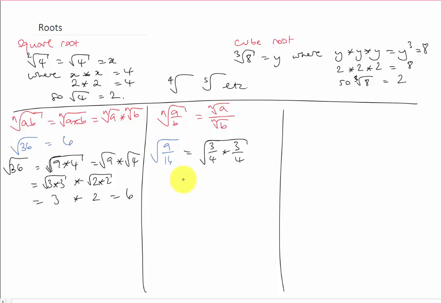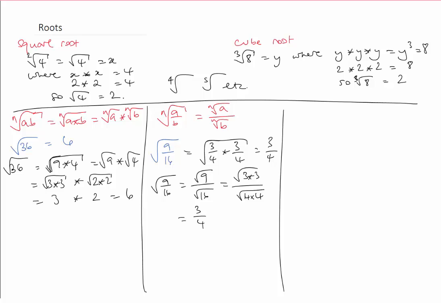So that means that it's equal to 3/4. But similarly, we could separate them out. So the square root of 9/16 is equal to the square root of 9 over the square root of 16. So that is square root of 3 times 3 over the square root of 4 times 4. So here again, it's 3 over 4. So we end up with the same answer. So there's just an example to show you that this rule is correct.